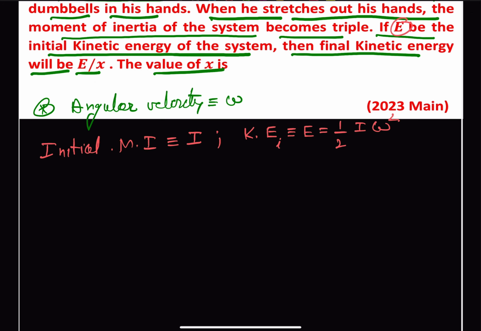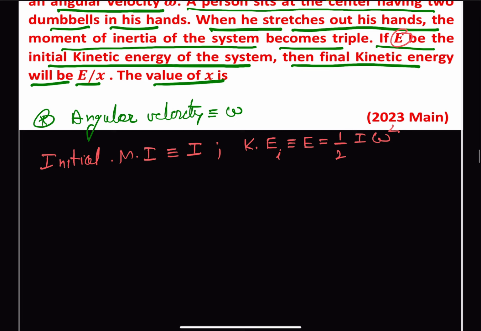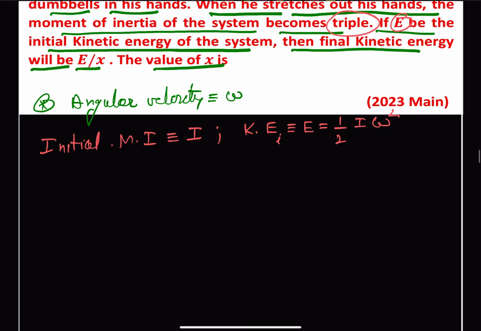And it says that as he stretches out his hands, it becomes triple. So we can say the final moment of inertia will be equal to 3 times I, and the final kinetic energy is given to us as E upon x.